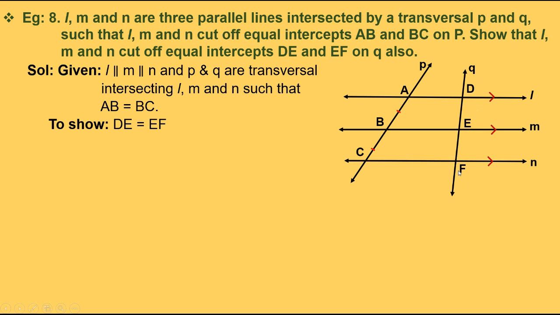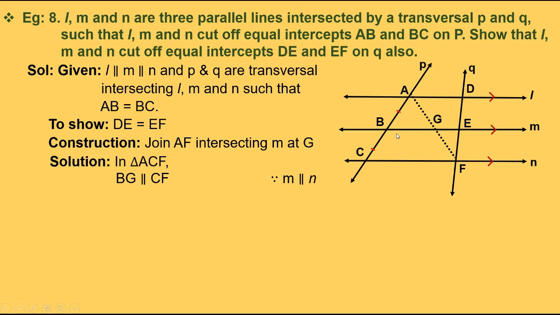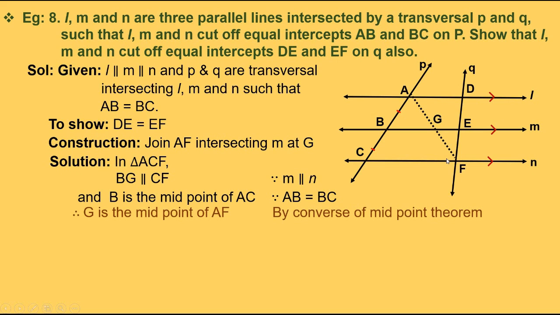Construction: join AF intersecting M at G. In triangle ACF, BG is parallel to CF since M is parallel to N, and B is the midpoint of AC since AB is equal to BC. Therefore, G is the midpoint of AF by converse of midpoint theorem.